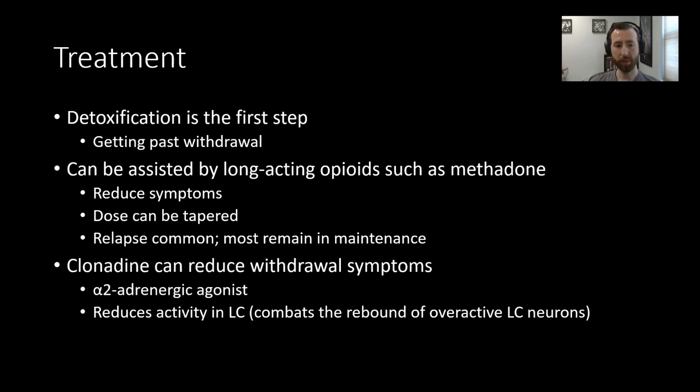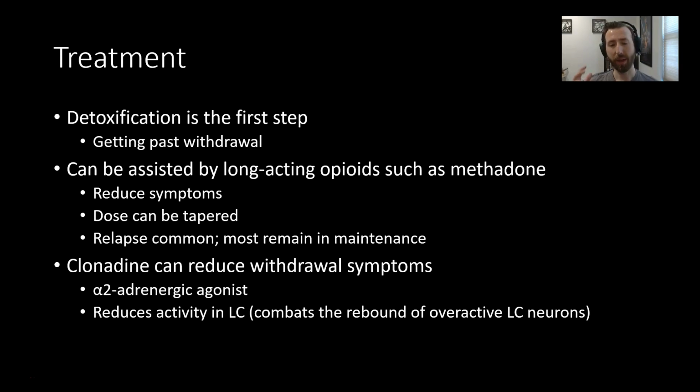In addition to opiate drugs like methadone to ease withdrawal, clonidine could be prescribed, which is an alpha-2 adrenergic agonist. If you forget what that is, you can go back to our unit on norepinephrine. But this goes back to what we were talking about earlier, with the locus coeruleus activity being increased after withdrawal state.